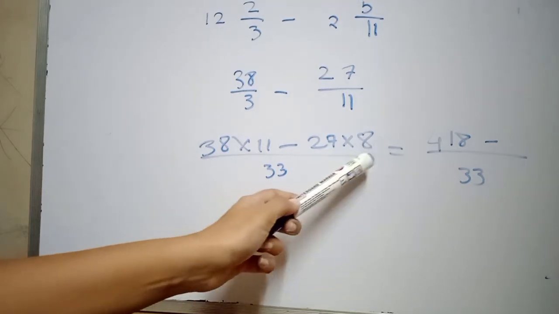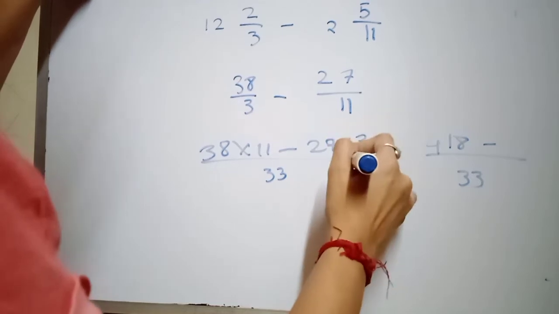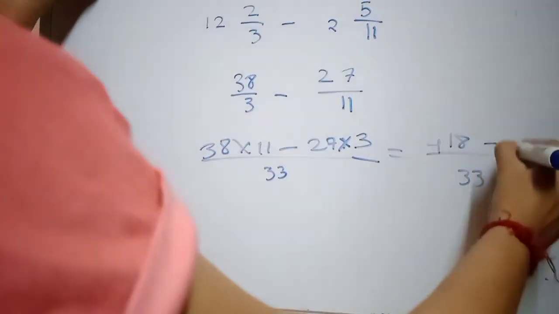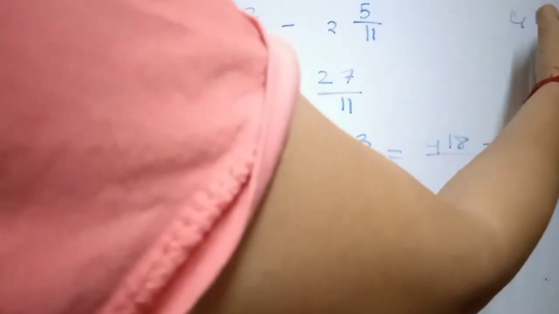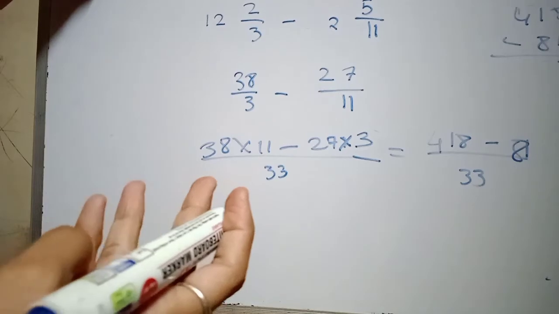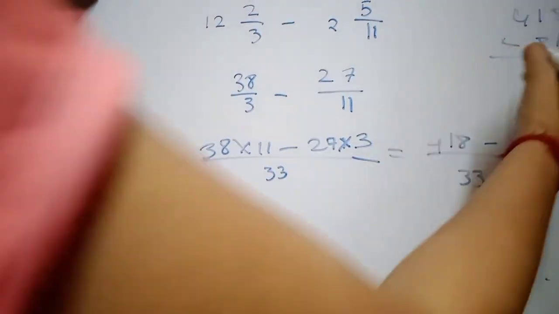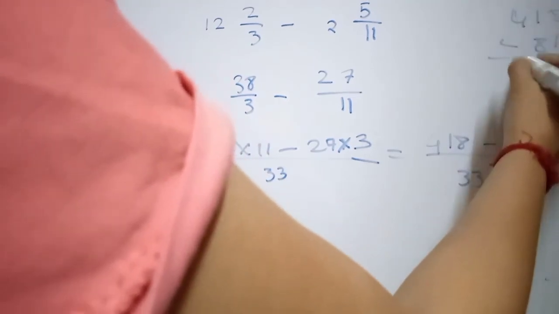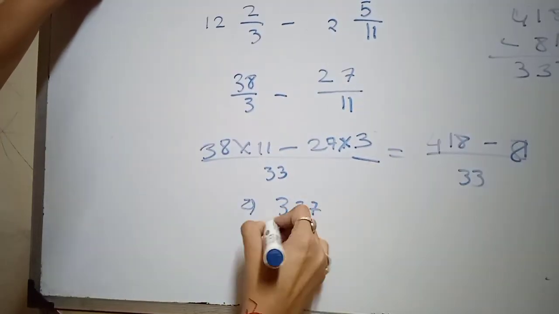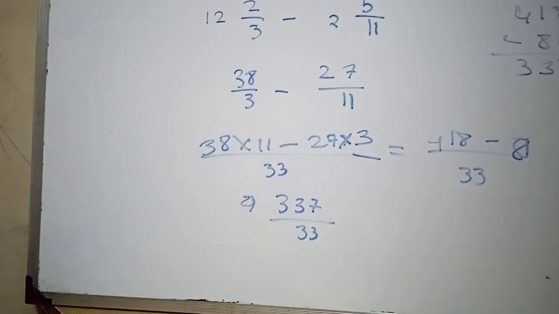This will be 3, not 8. I have written 8 here. This will be 3, 1 in hand, 2, 6, 81. So this will be 481 minus 81. So by subtracting I get 337 by 33. This will be our answer.